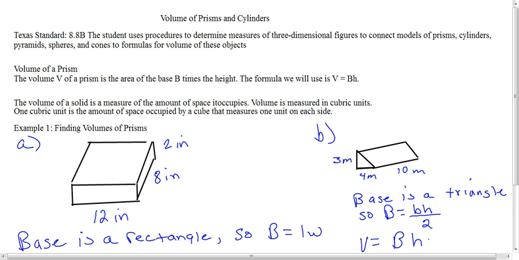objects. We need to first take a look at the volume for prisms, and it's very unique because here we're only concerned with an addition to a formula that we already know, which will be the area of a two-dimensional figure.